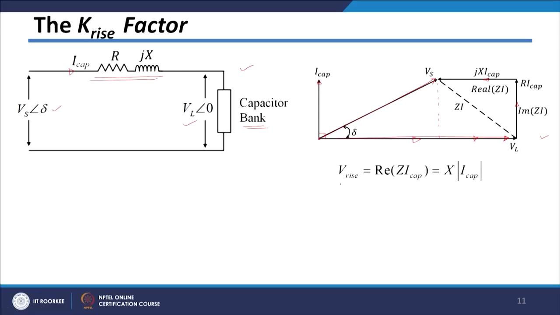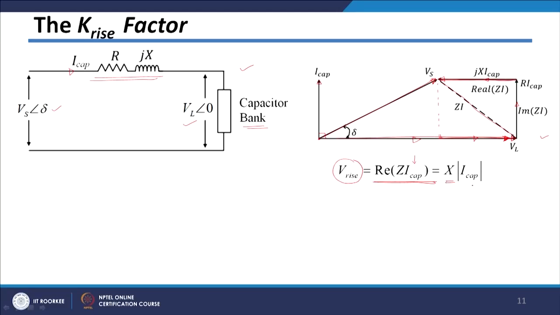Since VL, which is the voltage at the capacitor end, is more than the voltage at the sending end, instead of calling it voltage drop we can call it a voltage rise, which is again the real part of Z multiplied by the current I. In this case it is the capacitive current, and if you observe this figure, the real part of Z multiplied by I is nothing but this vector, which is exactly equal to x multiplied by I cap.